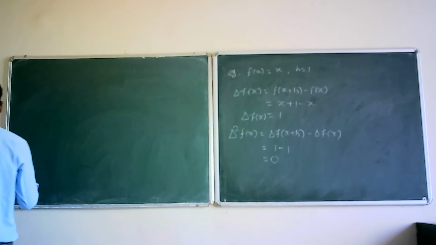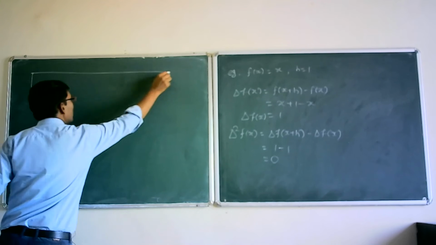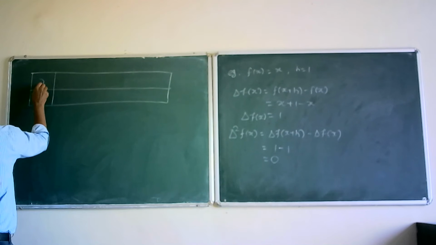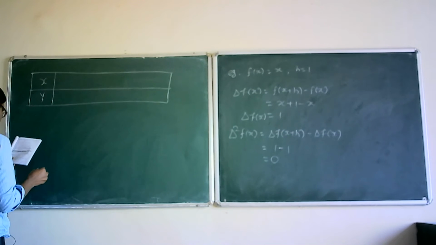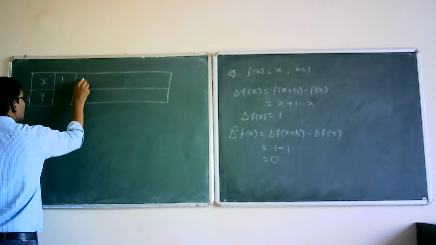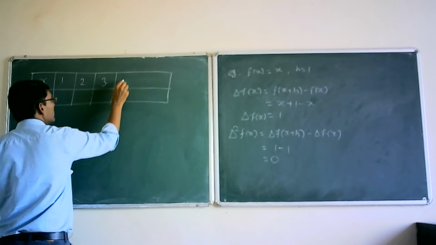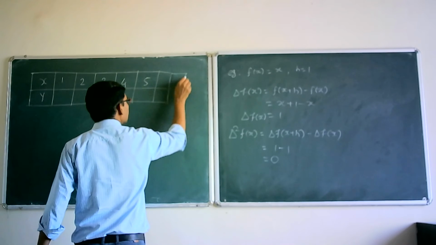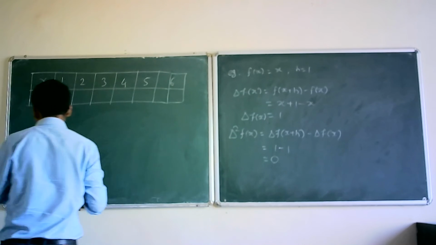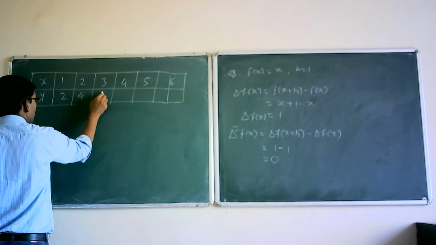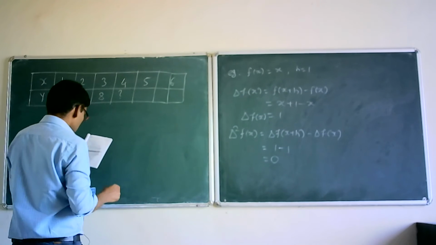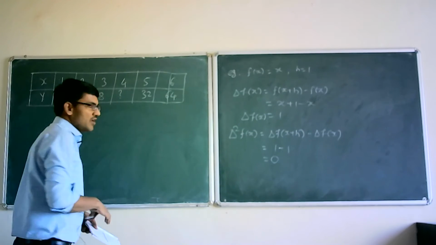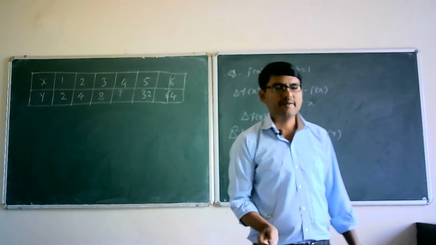Estimate the missing term in the following table. x, or f of x: 1, 2, 3, 4, 5 and 6, and here y is given as 2, 4, 8, 32 and 64.